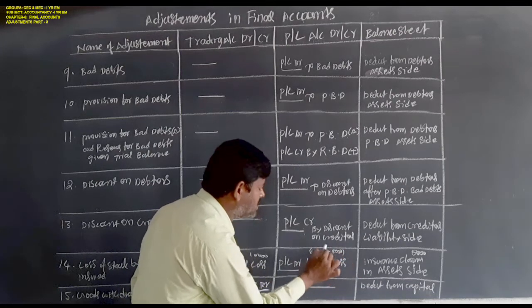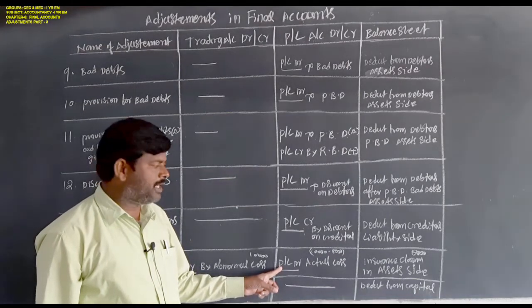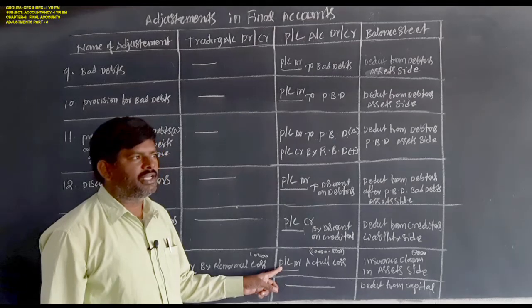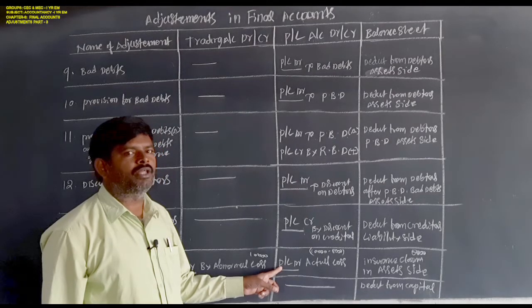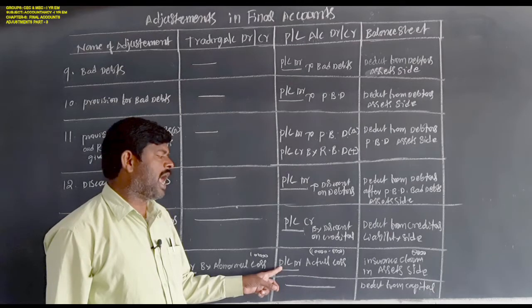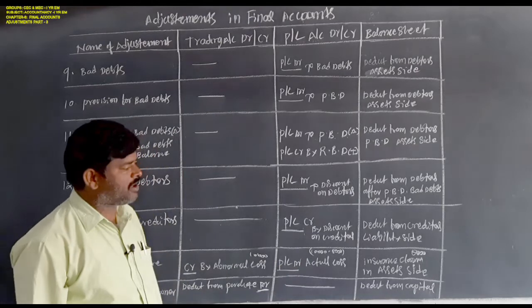The amount not recovered from the insurance company is called the actual loss. The actual loss must be recorded on the debit side of the P&L account.